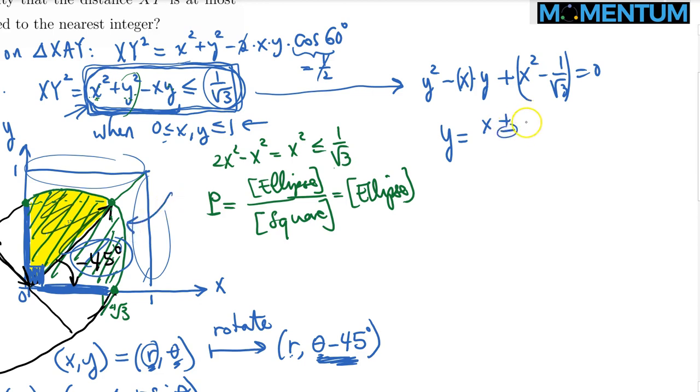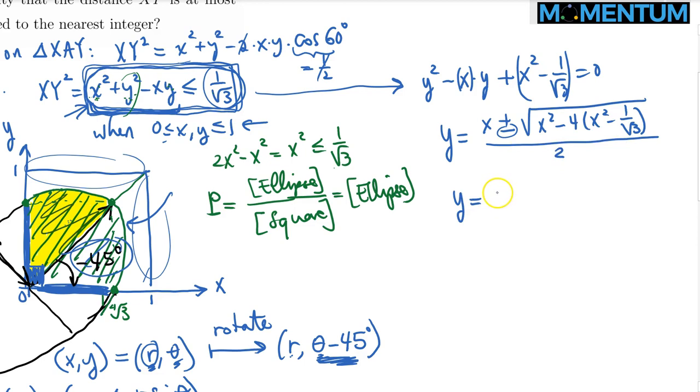I'm not interested in that one. Square root of x squared minus 4 times x squared minus 1 over root 3, and all divided by 2. And that would imply that y is actually equal to x over 2.